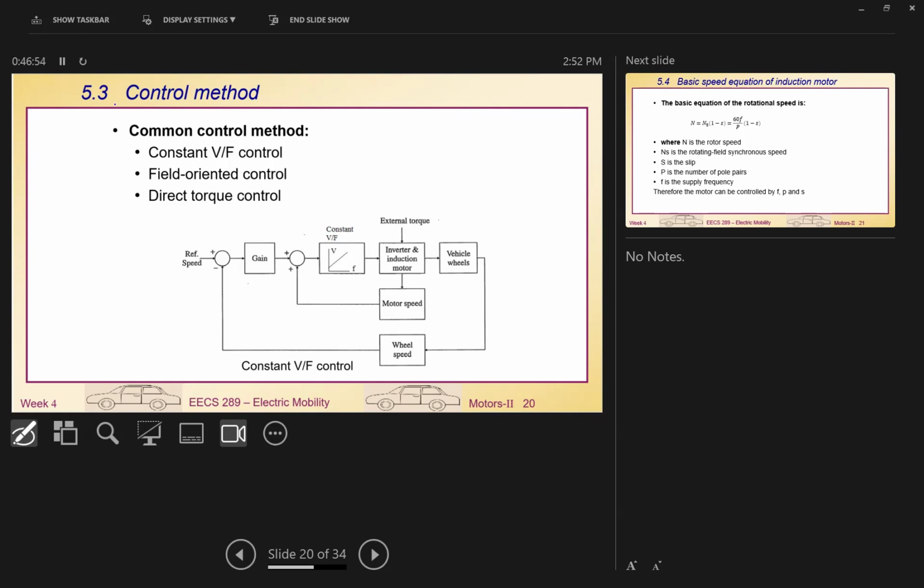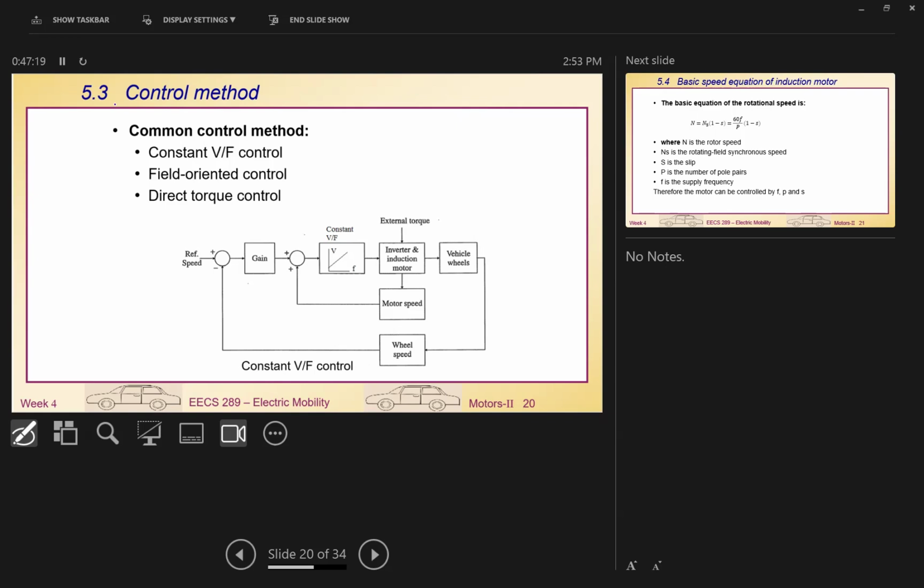If now you want to reduce the motor speed to a lower speed, say 10%, then many people just reduce the motor voltage. But if you reduce the motor voltage, you see that V over F will become smaller. Your flux will reduce to 10%.